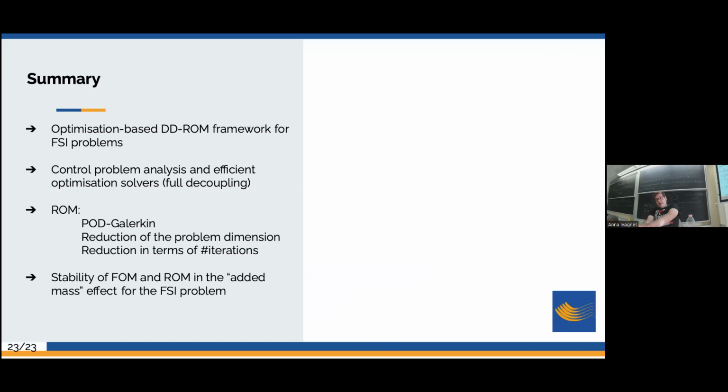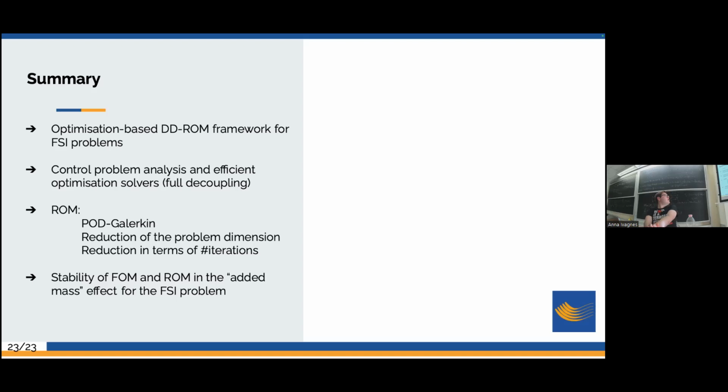So in this talk, I introduced the optimization-based domain decomposition with reduced order model framework for FSI problems. Then I provided some details on the analysis of the optimal control problem that we had, and provided an efficient optimization solver, which led to full decoupling of the fluid and the structure subproblems.